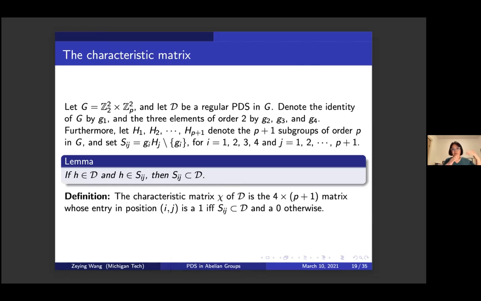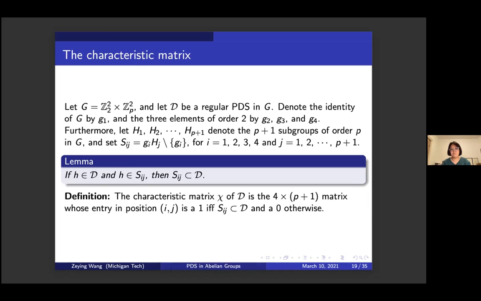So you have 4 rows and p plus 1 columns. Then we define the cosets: the element Gi times Hj, but you get rid of the Gi, and that's our Sij. We basically partition the whole group into blobs Sij. The only things we didn't put in are the identity element and the elements of order 2, which we put aside. Everything else we put in blobs.